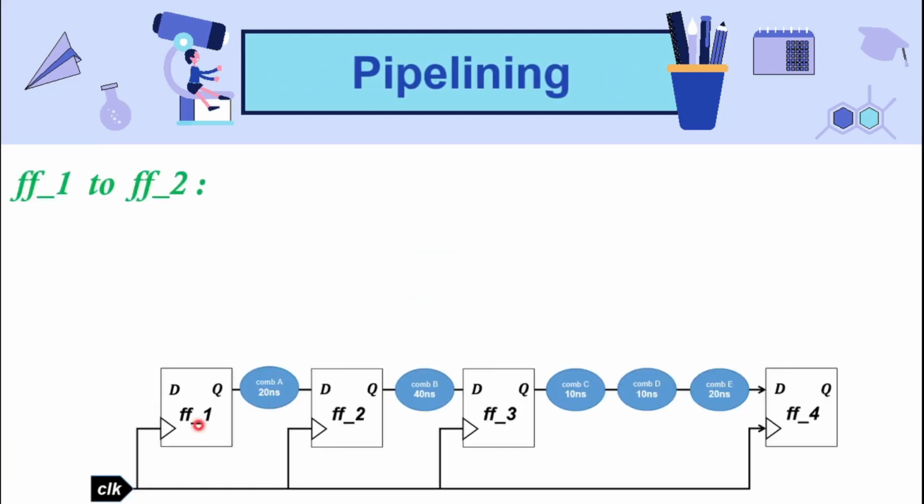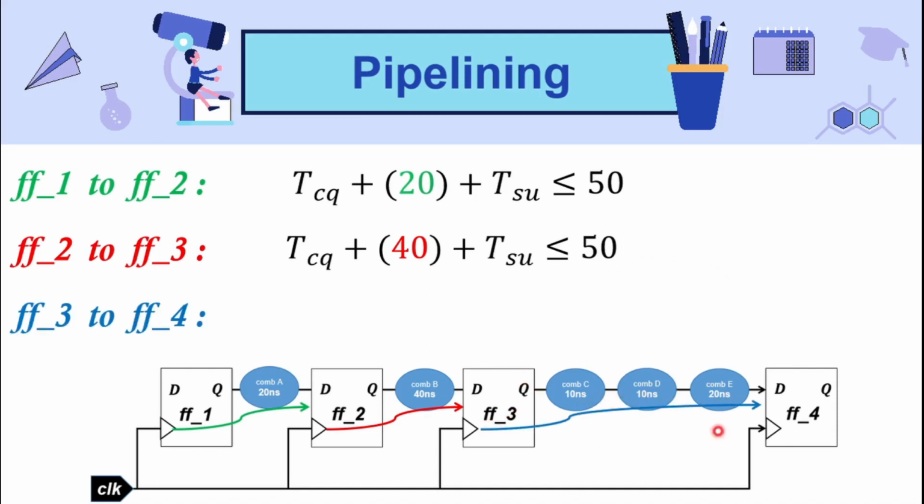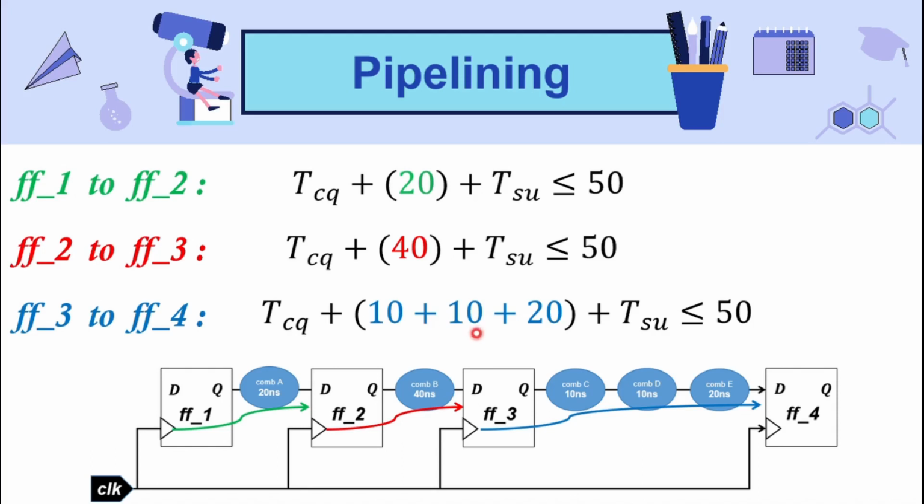For the first path, from flip-flop 1 to flip-flop 2, applying the combinational logic to the setup equations, we find that 20 is less than 50, so there is no setup violation. For the second path, from flip-flop 2 to flip-flop 3, the combinational delay of 40 nanoseconds is less than 50 nanoseconds, so there's no setup violation. The third path, from flip-flop 3 to flip-flop 4, applying this combinational delay to the setup equations, we find that 40 is less than 50 nanoseconds, so there's no setup violation.